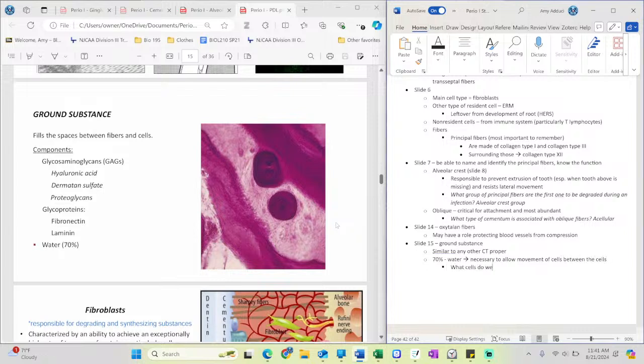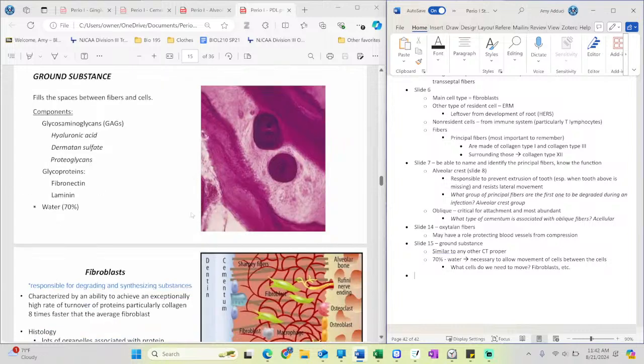Some fibroblasts, but mostly this is a tissue that is under constant attack by bacteria that normally live in the sulcular cavity. So those cells are all the cells of the immune system, and they require space to move. That space is created by water, and the water is maintained by the glycosaminoglycans and proteoglycans. So that's the most important thing here.